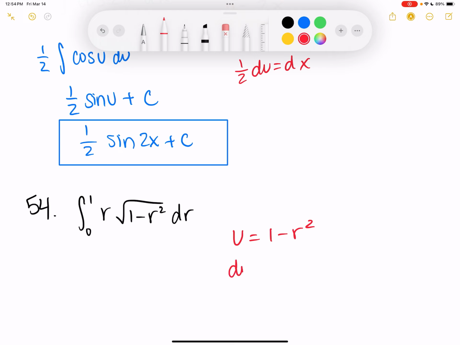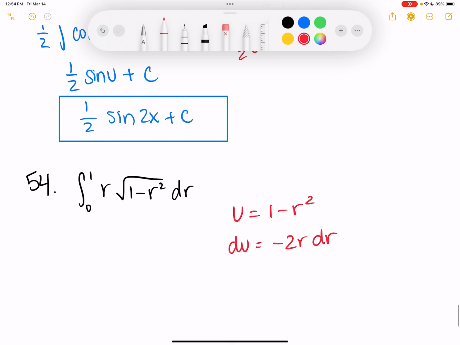So du is negative 2r dr. So what do I need to divide by? Negative 2. So this will be negative 1/2 du equals r dr.